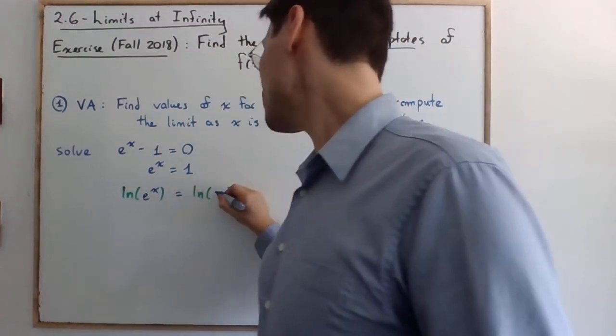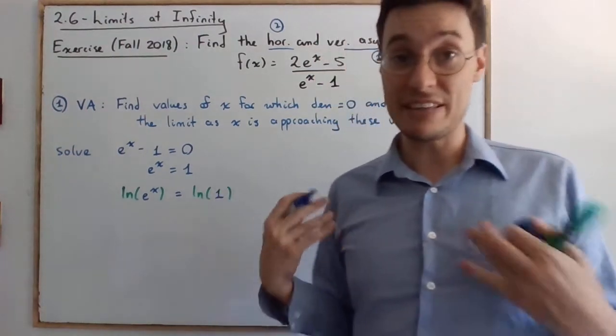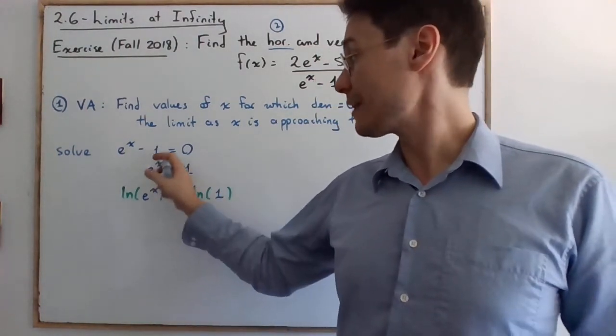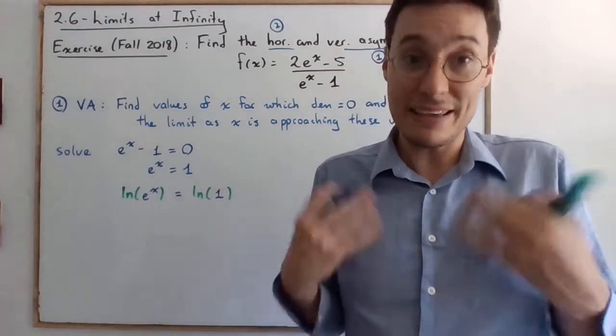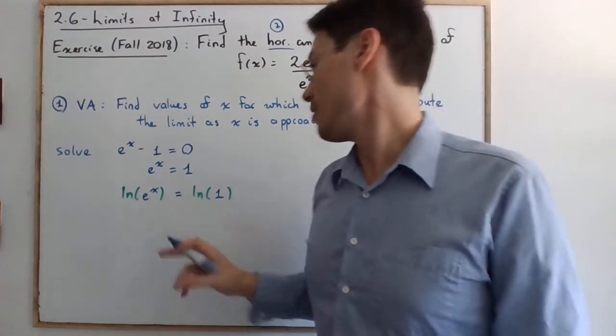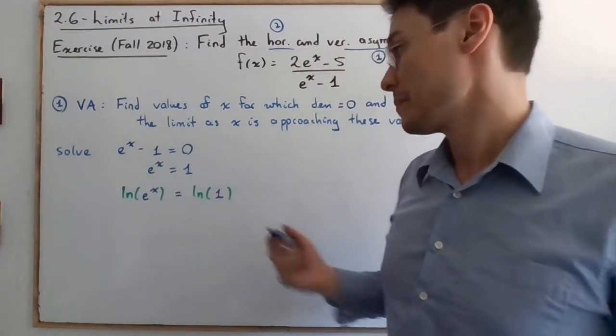I don't really need to do that myself because I know that x is 0 just by the definition of a logarithm. The value of the exponent that makes e to the x equal 1 is by definition the logarithm of 1 at base e, which is 0.